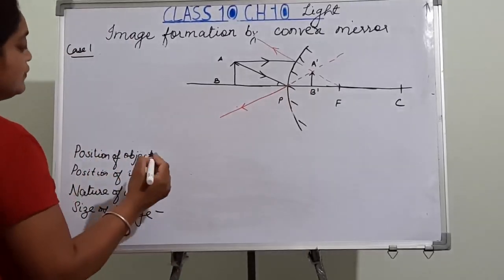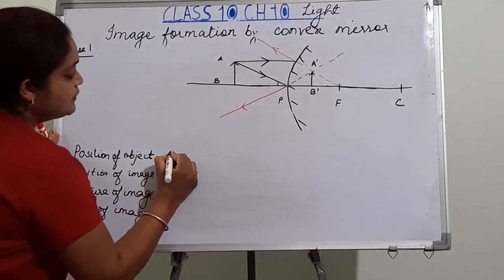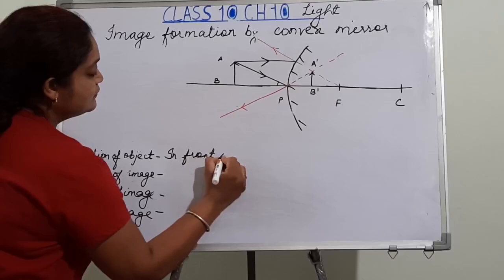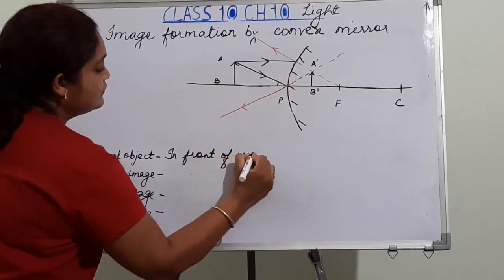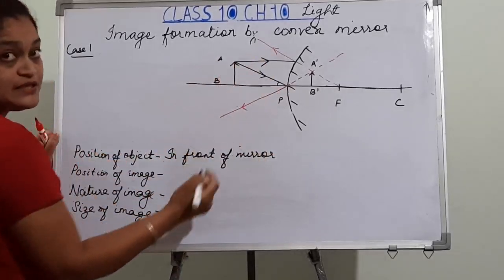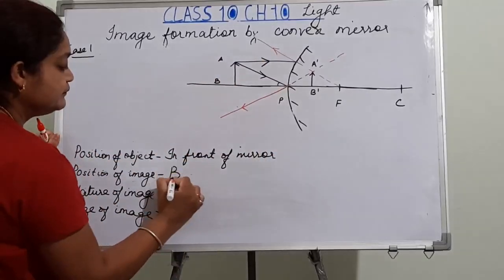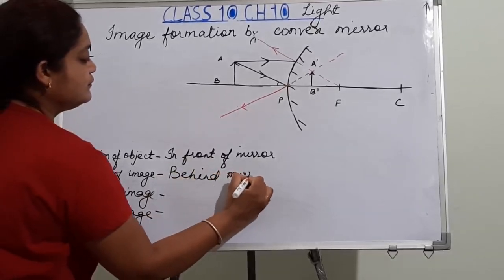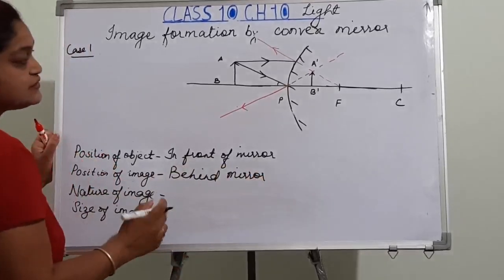So let us write: position of object is in front of the mirror. What is the position of image? Position of image is behind the mirror. What is the nature of image?